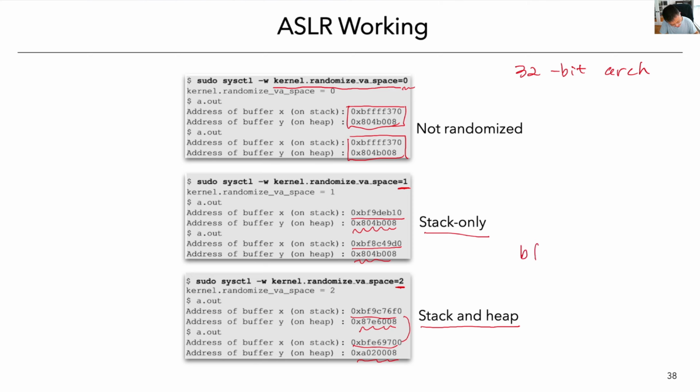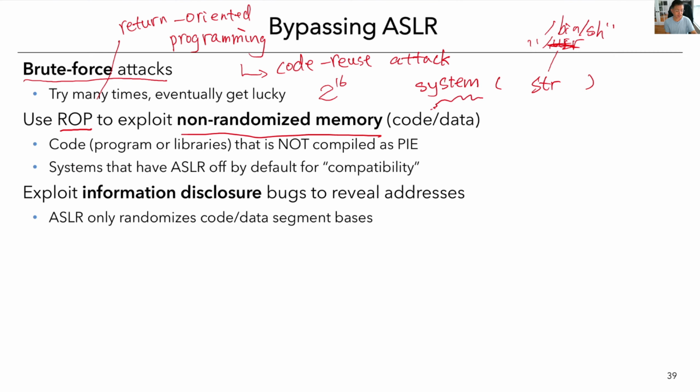For example, you can say /bin/sh or something like that. If you call this system function with this parameter, it's going to create a new shell. Okay, so there is actually some non-randomized memory in most programs.